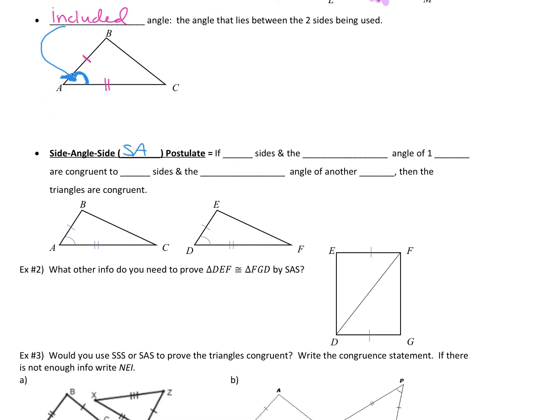So SAS postulate says, and this is important because it doesn't work if it's not the included angle, it says if two sides and the included angle of one triangle are congruent to two sides and the included angle of another triangle, then the triangles are congruent.